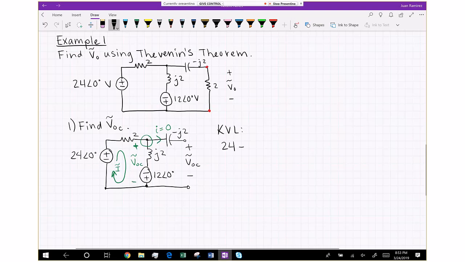Minus the 2 ohm impedance times I, minus the J2 impedance times I, and then plus 12 for that other voltage source. Now we're going to solve for I. So I can do minus 2 minus J2 times I, and then 24 plus 12 is 36. I can move that to the right, and then I can solve for I.